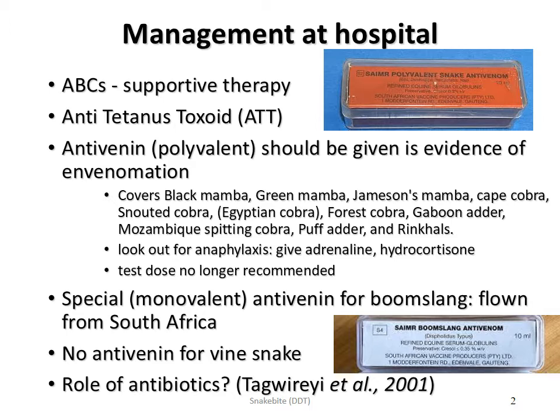Because sometimes you get a patient who comes in and is failing to breathe. And they're not failing to breathe because they've been bitten by a neurotoxic snake, but they're failing to breathe because they stepped on a snake which was non-venomous, which bit them, but as it bit them, they were chewing on a piece of meat, and some of the meat got stuck in the airway.